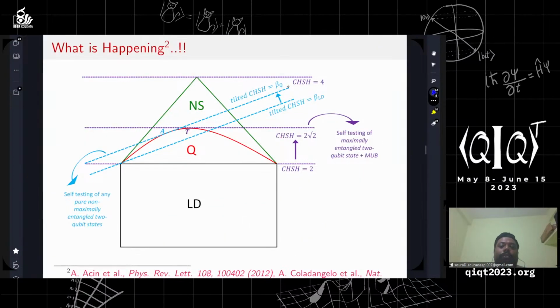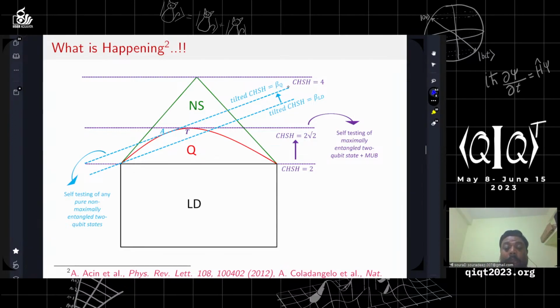Now, if we look into the geometrical view, I have already mentioned that in an ontic space, if it is local, that means if it satisfies settings independence and outcome independence, then we call those probability distributions local deterministic probability distributions. It may not be deterministic, but let's say it's a local deterministic probability distribution.